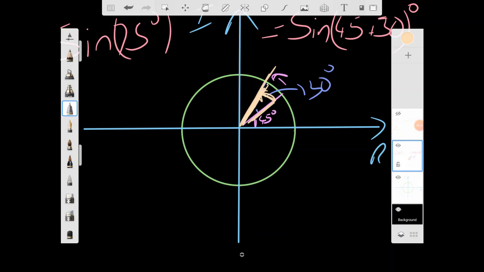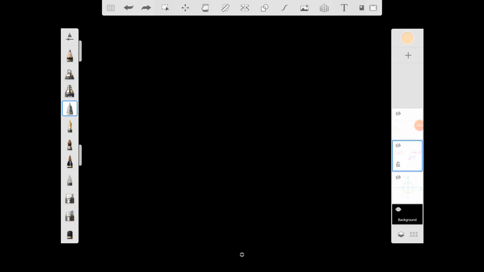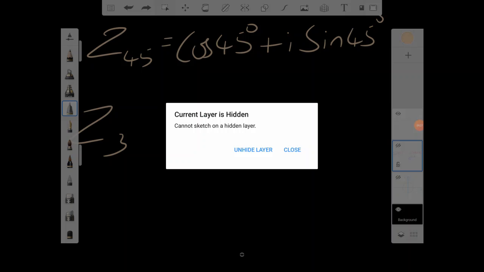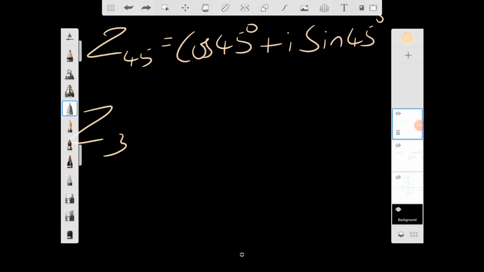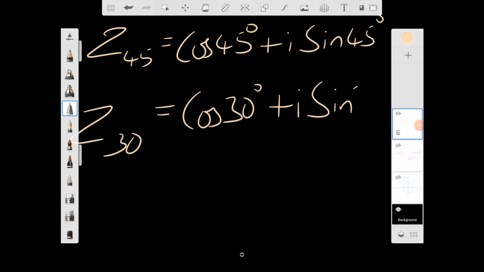So let me try that. I should know what is the 30 degree complex number also. I will call it z30, which is equal to cos 30 degree plus i into sine 30 degree.